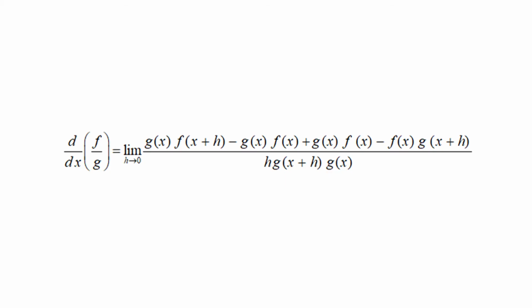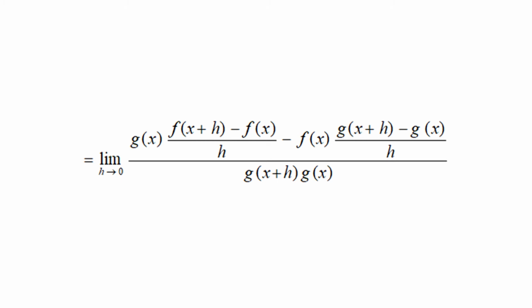Then we get d/dx of f/g equal to the limit of [g(x) f(x+h) minus g(x) f(x) plus g(x) f(x) minus f(x) g(x+h)] upon [h g(x+h) g(x)] as h approaches 0, which is equal to [g(x) (f(x+h) minus f(x))/h minus f(x) (g(x+h) minus g(x))/h] upon [g(x+h) g(x)] as h approaches 0.